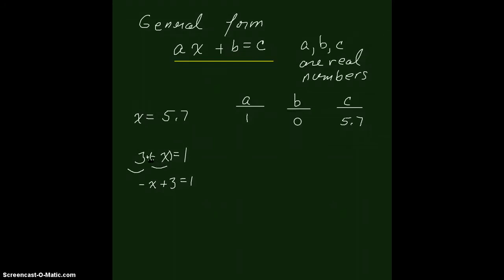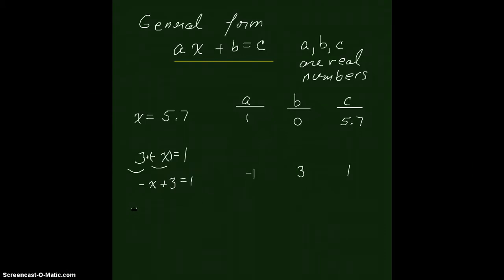And we know that addition is commutative. So in this case, what's in front of the x? Well, negative x is the same as saying minus 1 times x, so a would be negative 1. Looking at our equation again in general form, I'm adding 3, so b is 3, and c would be 1.